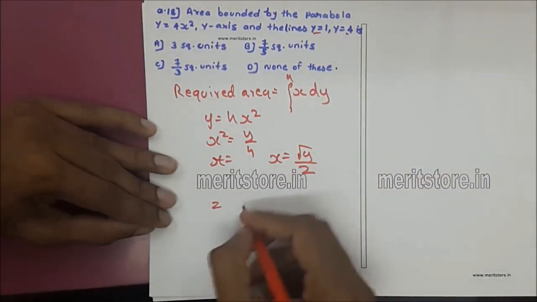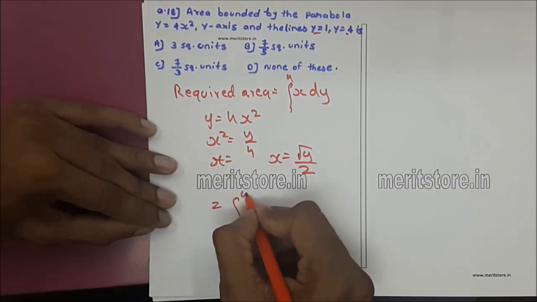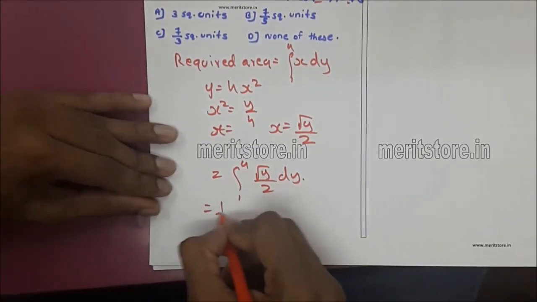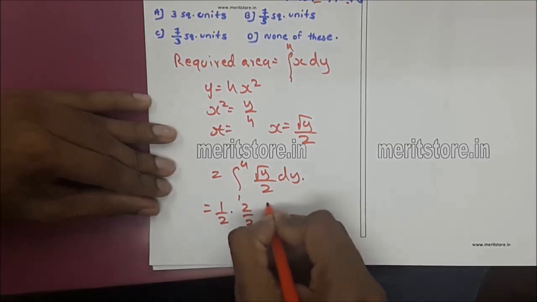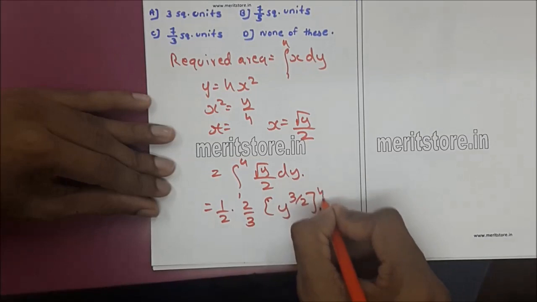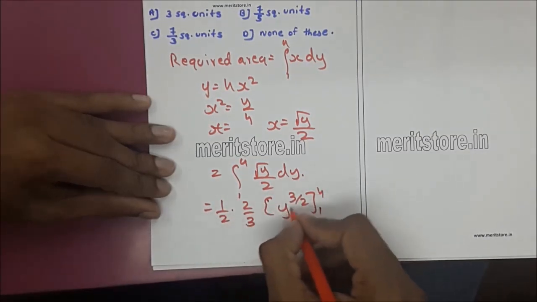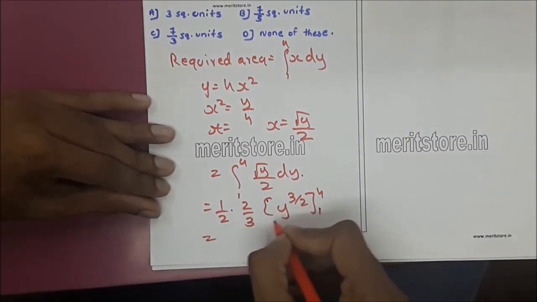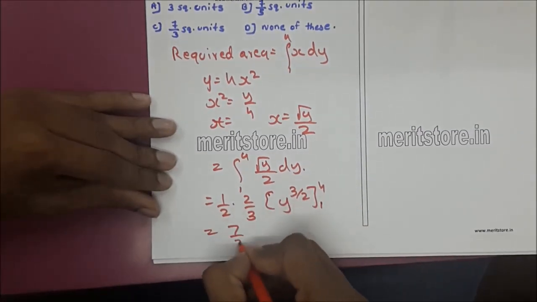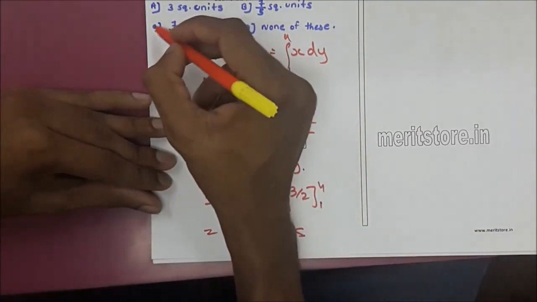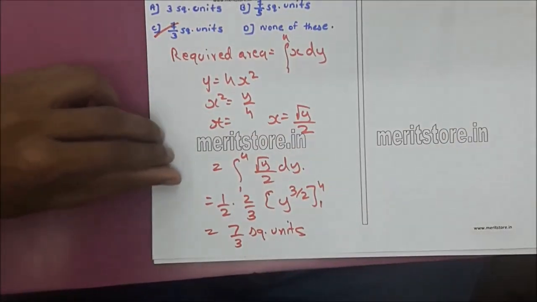We substitute the value of x in the integral, we get root y by 2 dy. We integrate, we get 1 by 2 into 2 by 3, that is y raised to 3 by 2, 1 to 4. So we substitute the limits in y, we get 7 by 3 square units, which is option C. Option C is the correct answer.